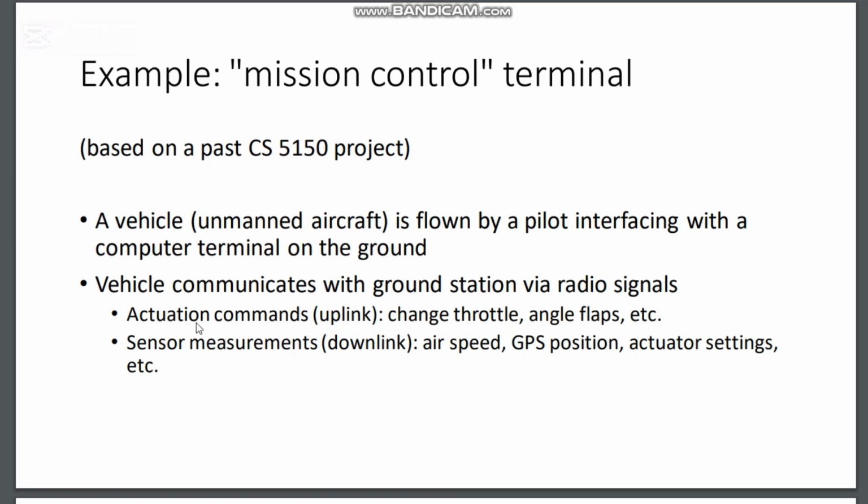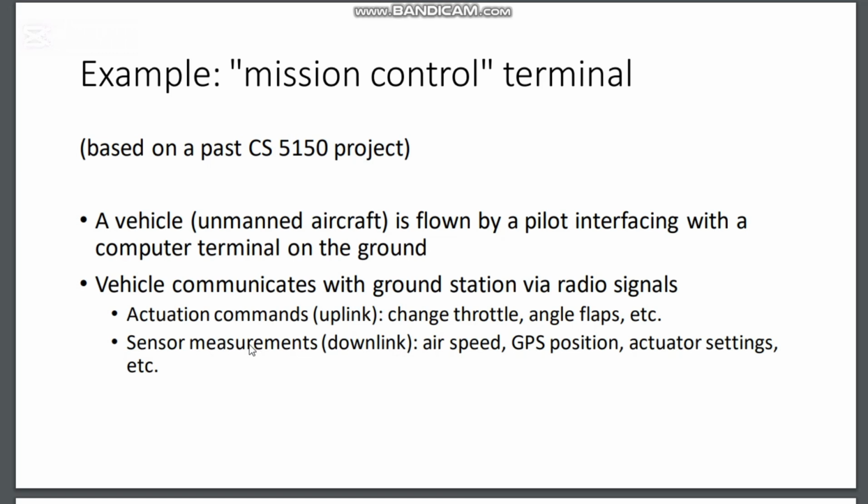This is the uplink, where the station or a computer terminal on the ground sends signals to the vehicle, and the vehicle does the downlinking, or gives data back to it.